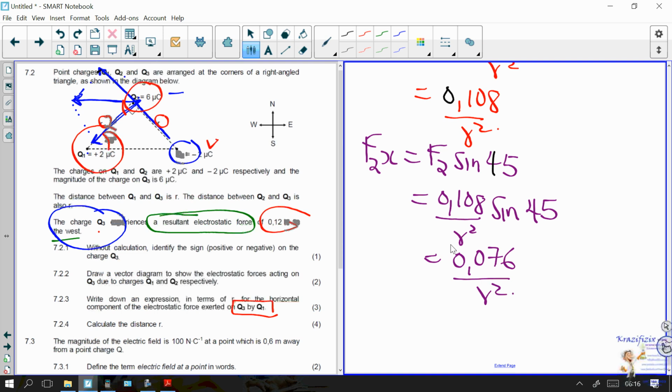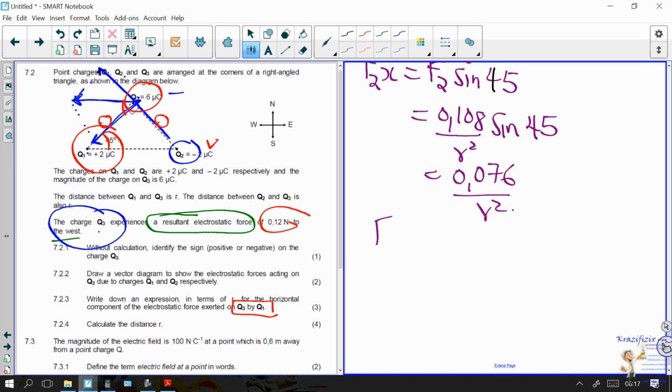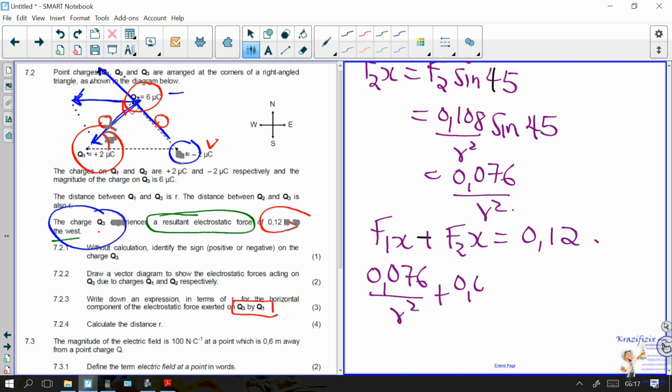This is basically taking you back to understanding forces in grade 10 and 11 term 1. But we now know that F1x plus F2x is equal to 0,12. So 0,076 over R squared plus 0,076 over R squared equals 0,12. Okay, now this physics is done.